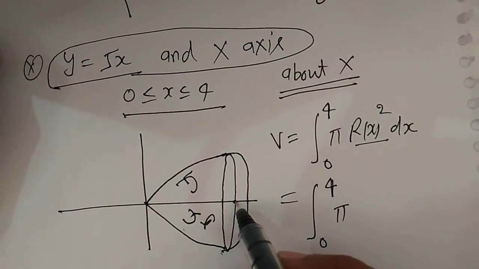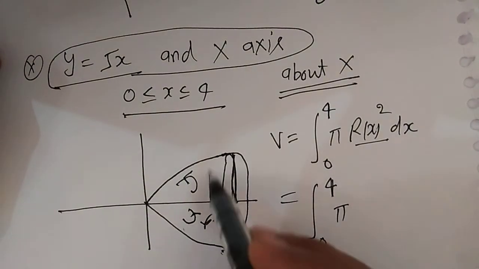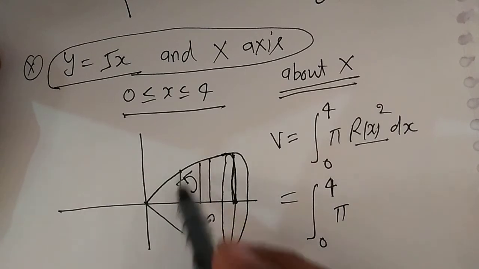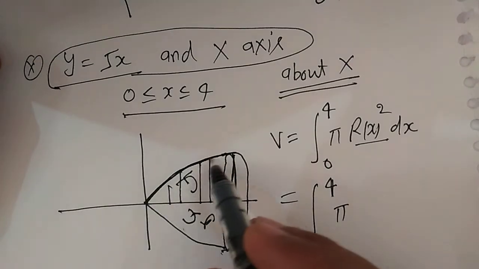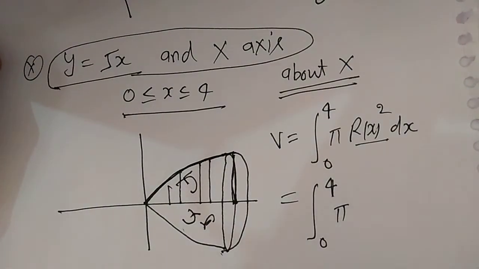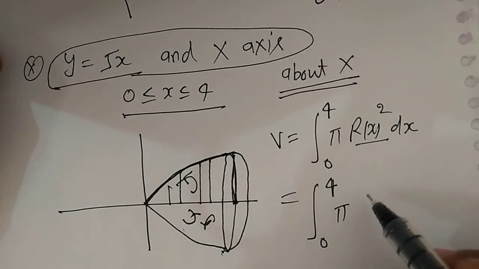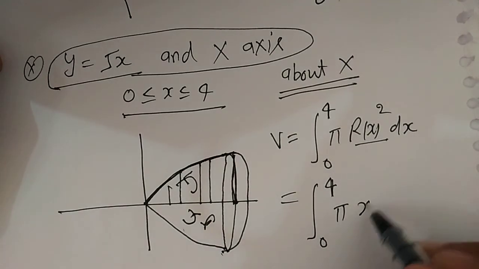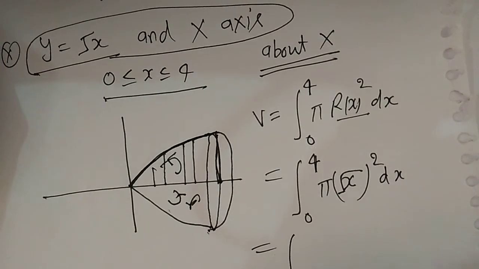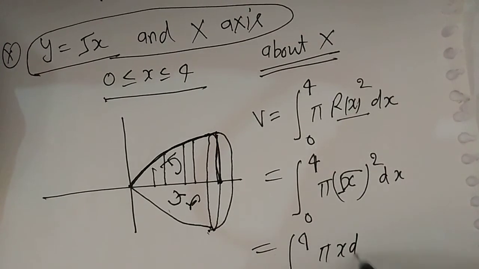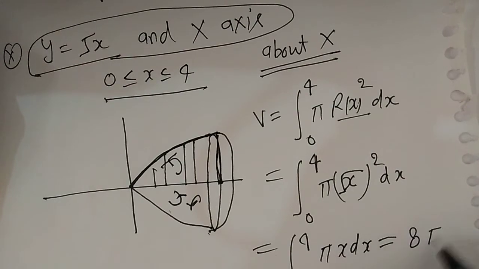The radius depends upon x, because here we have this radius, here this radius. For x from 0 to 4 it lies on this curve. So what is y on this curve? Root x. So we have pi and root x square dx. This will be the integral from 0 to 4 of pi x dx. So we get 8 pi.